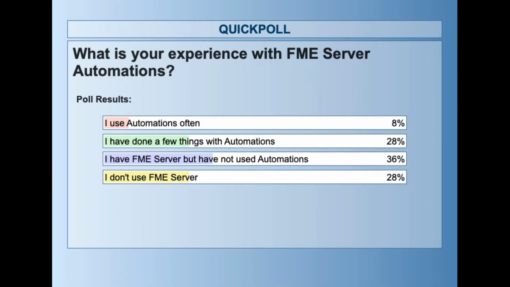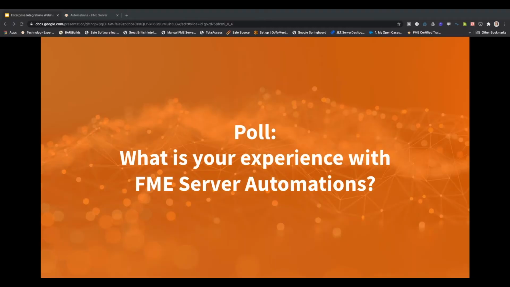Or if there's any reason why you're not using it, perhaps you're old school and sticking with the publisher-subscriber model, which was definitely not easier than automations. And for those of you who don't use FME Server, in the next demo, hopefully we'll give you a preview of what FME Server looks like and talk through it at a more introductory level so you don't get lost.